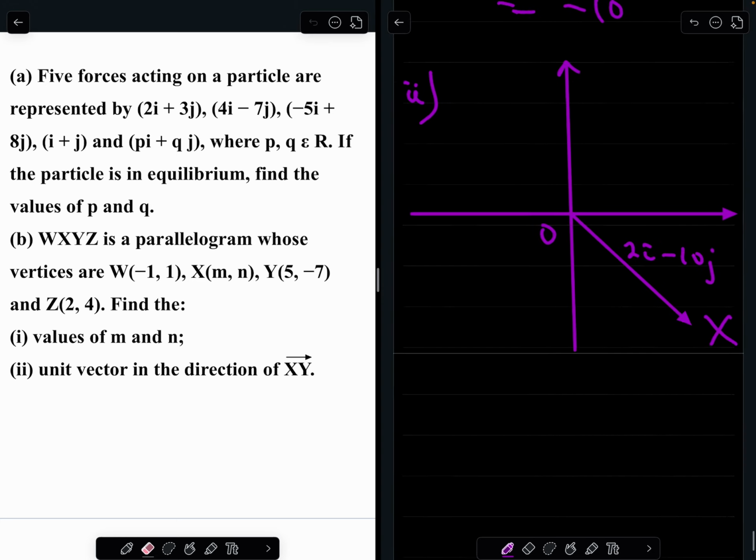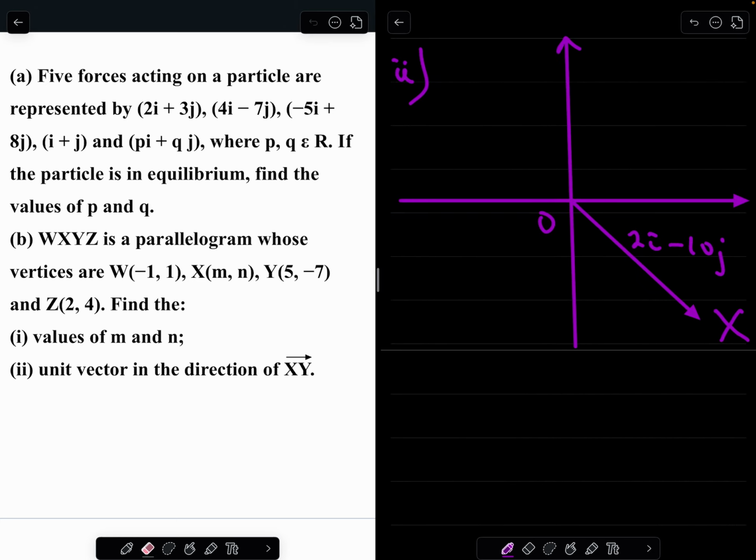So I can do that this way. Let me put this here. This is 2i minus 10j. And the vector OY will be this, 5, minus 7. Let's make that OY, which is 5i minus 7j.